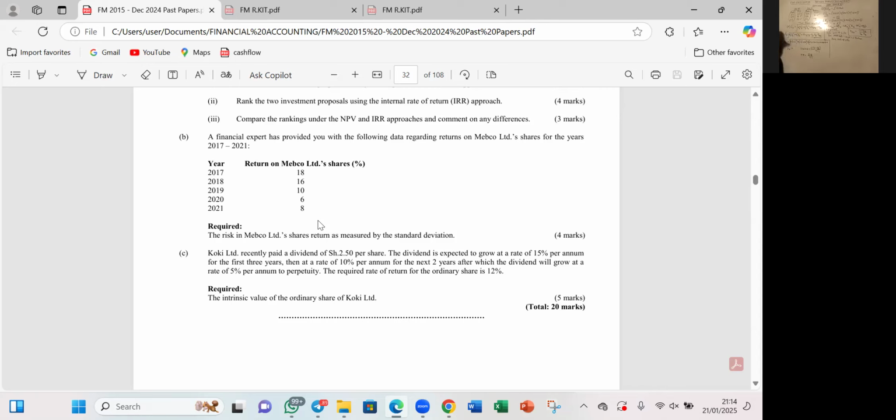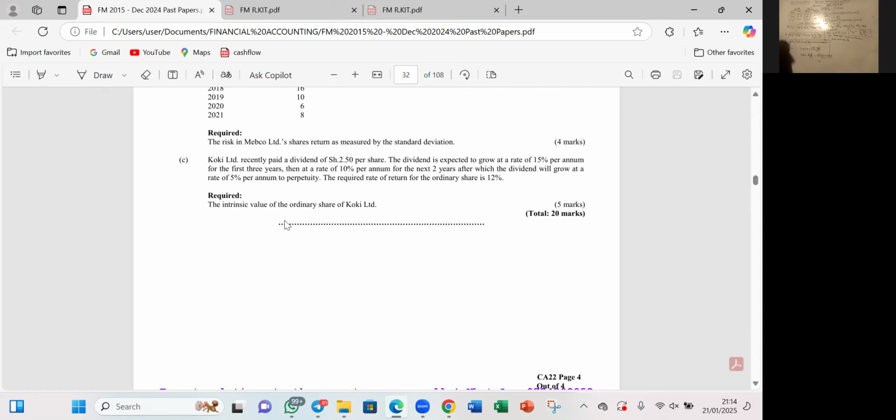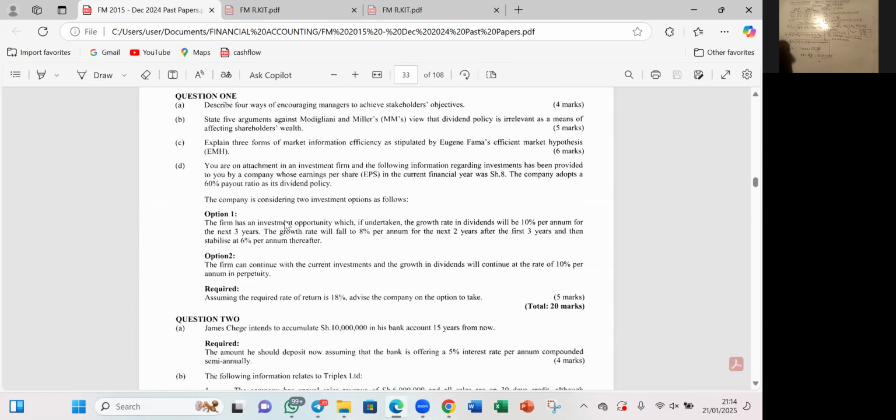So hii ni rahisi hii ya kwanza hii. So is equal to 18 plus 16 plus 10 plus 6 plus 8 divided by 5 minus 1. Hiyo ndio kumaliza hivyo. Hiyo haina mambo. So tuende another sitting April 2022.